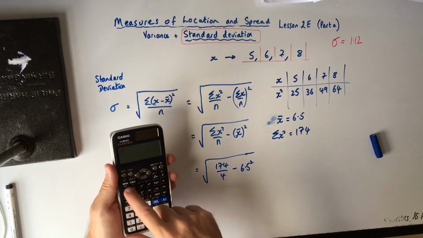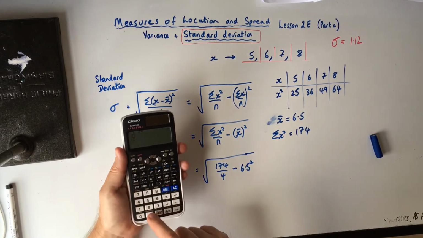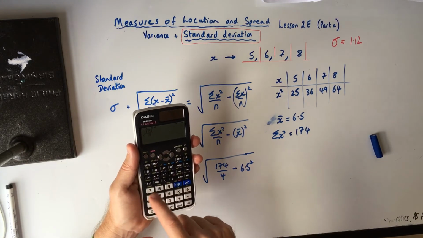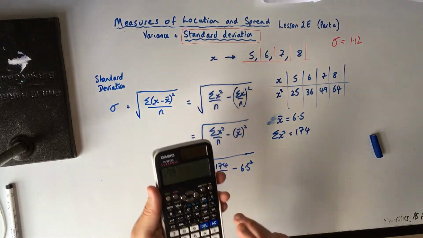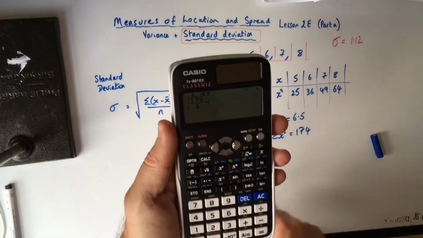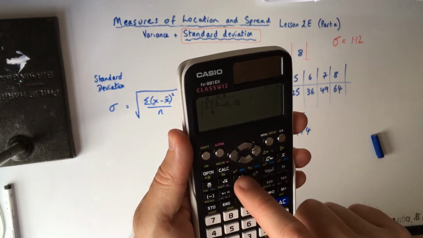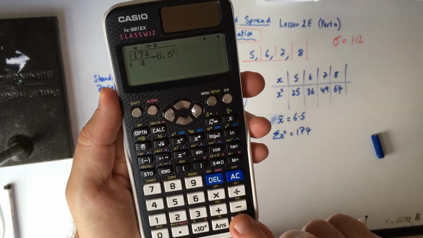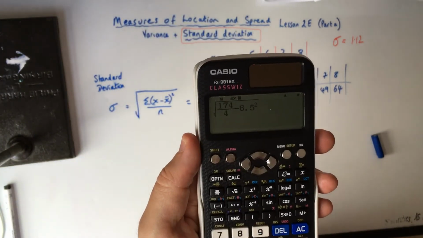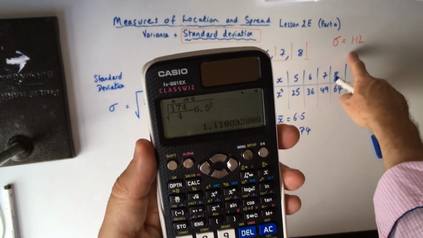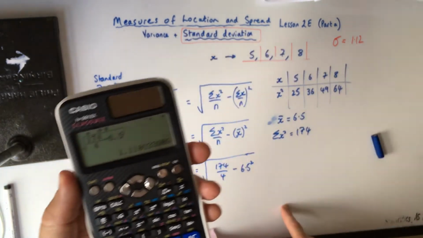The square root of 174 over 4, minus 6.5, the mean squared. There you go, I've just put those numbers into my calculator. I'm going to press equals, it should give me that 1.12, which it does, the same as what we got there.